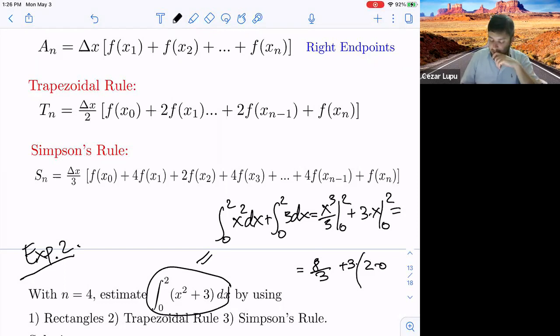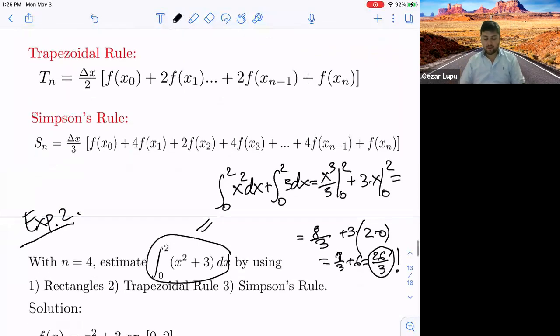So 8 over 3 plus 6, which will give us what? 24. Oh, sorry, 26 over 3. So that's the exact value. And we'd like to see which of these three rules will get closer to this value.